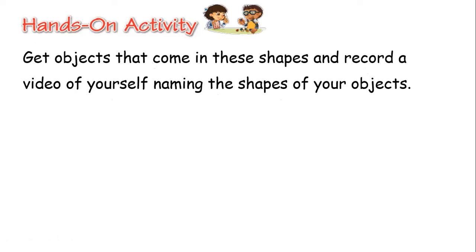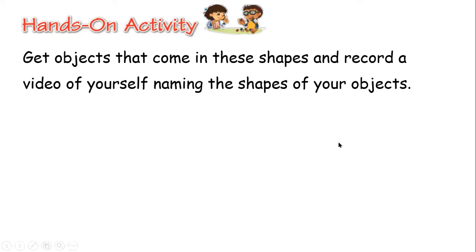I want you to look around your house at home. Get some objects that are in your house. Then you tell mommy, or you can tell daddy, or you can tell your brother or your sister to record a video when you are naming these objects. You can name which shape can you see in that object.